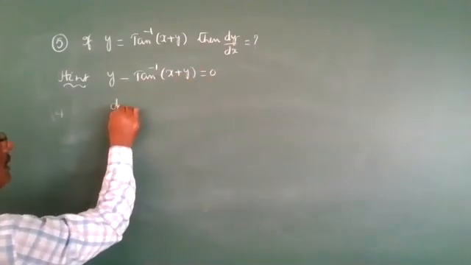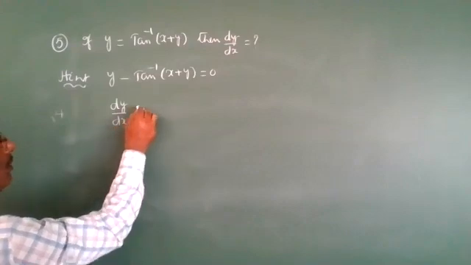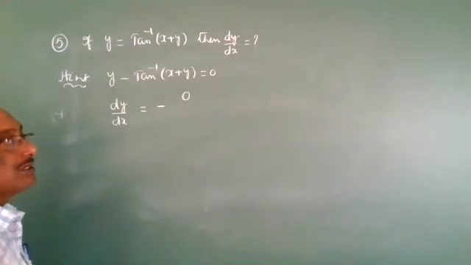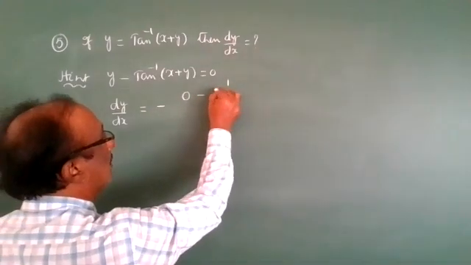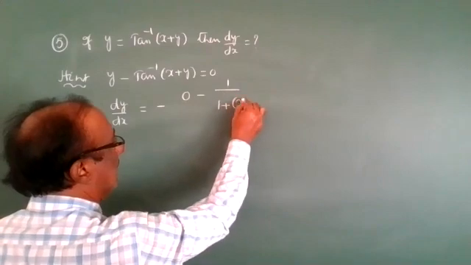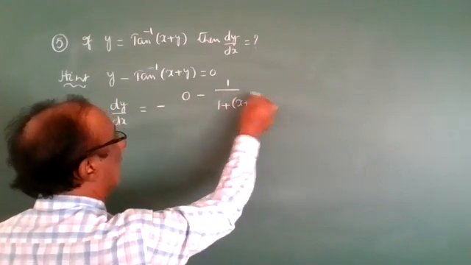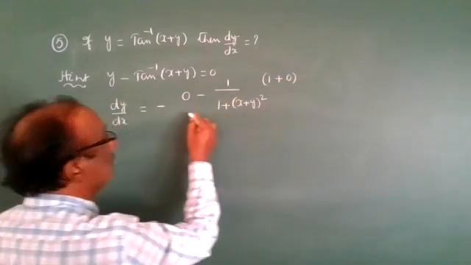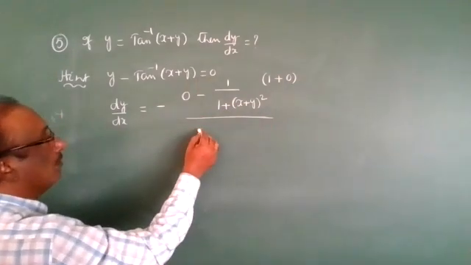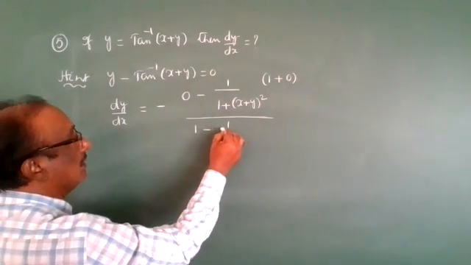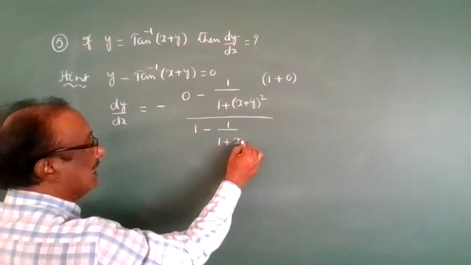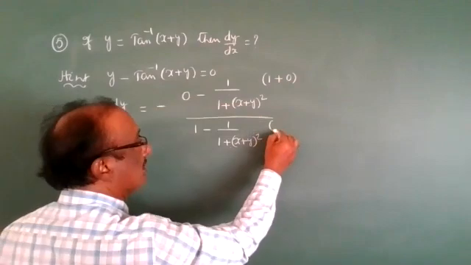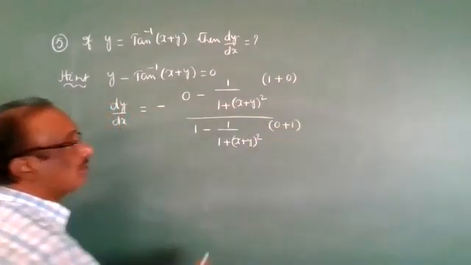Now directly, dy by dx is equal to minus the partial derivative with respect to x, treating y as constant. The tan inverse derivative is 1 by 1 plus (x plus y) whole square, inner function x derivative 1, y constant. By denominator, with respect to y: y derivative is 1, the tan inverse derivative is 1 by 1 plus (x plus y) whole square, inner function x derivative 0, y derivative 1.